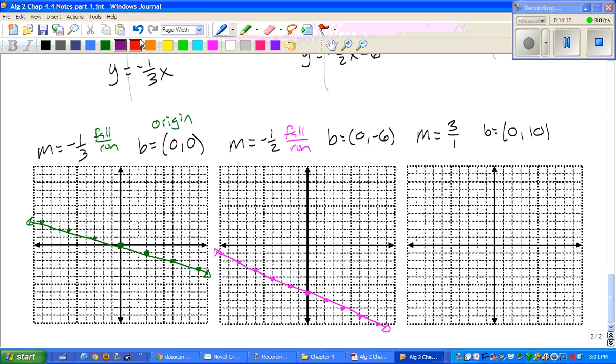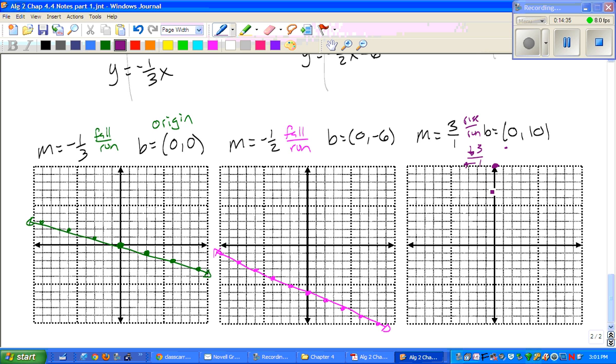So let's graph this. I start at 0, 10, but oh, I can't go up 3 over 1, because that would be up there. So for this, we just have to do the opposite of the slope, okay? So instead of going rise over run, we're going to go down 3, and then we have to go left 1.